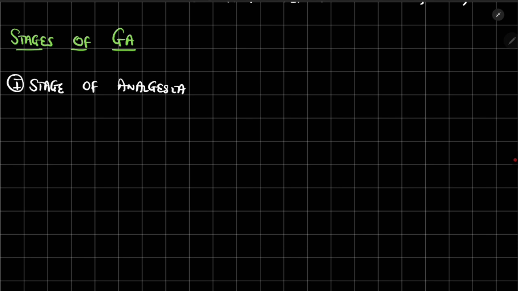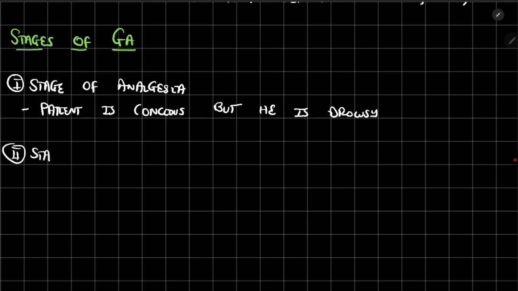What is the stage of analgesia? Basically here the patient is conscious but he is drowsy. The second stage is the stage of excitement.